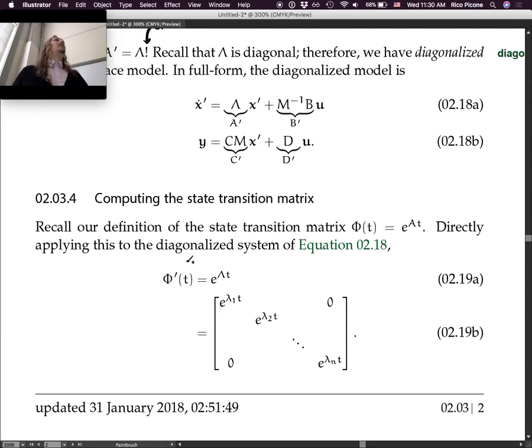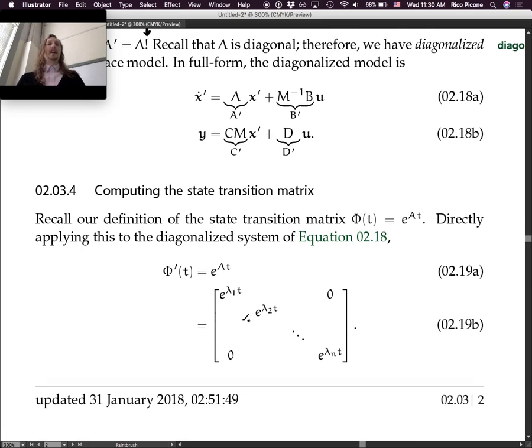But you may recall what I call the diagonal property of the matrix exponential, which is that if the matrix you're taking the exponential of is diagonal, then the matrix exponential is just the scalar exponential of all of the diagonal elements along the diagonal. So that's what we have here.